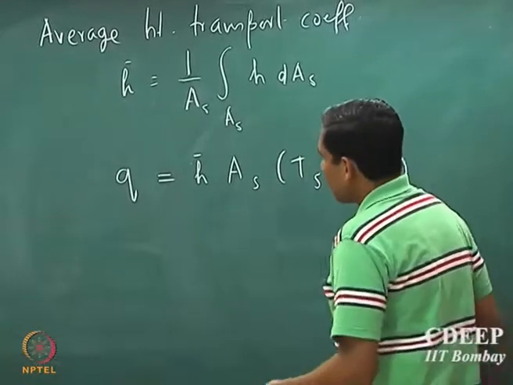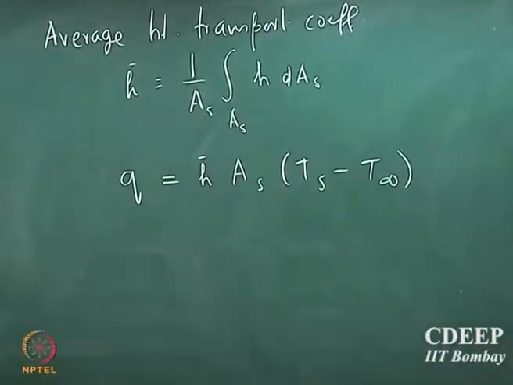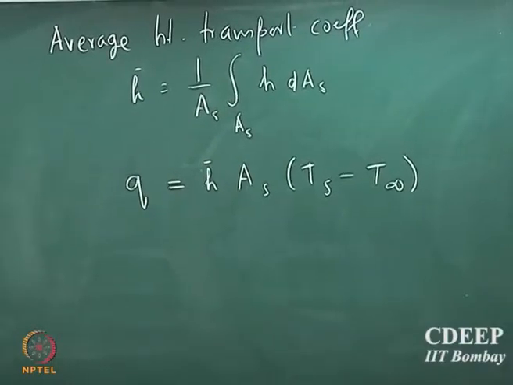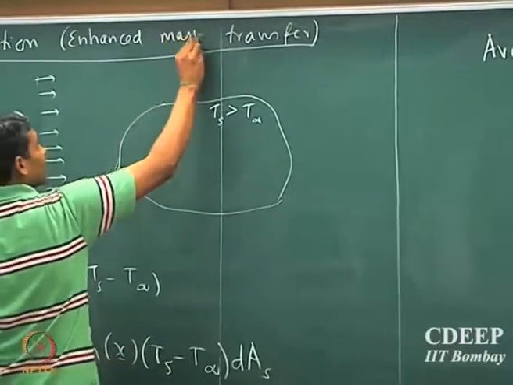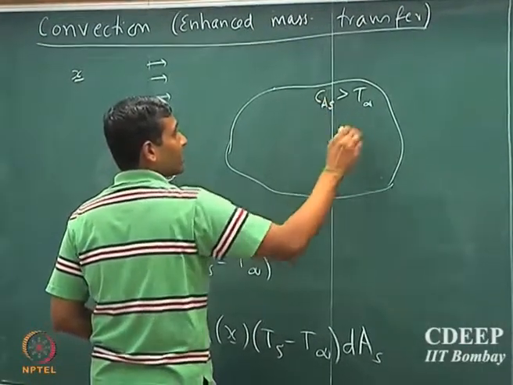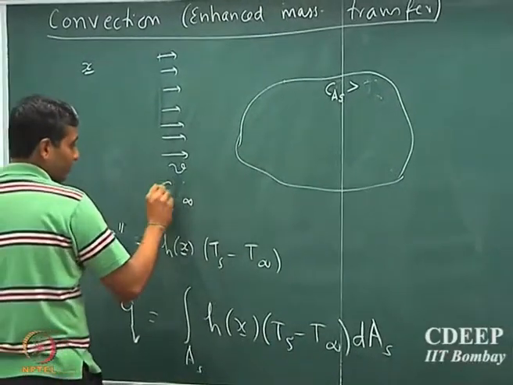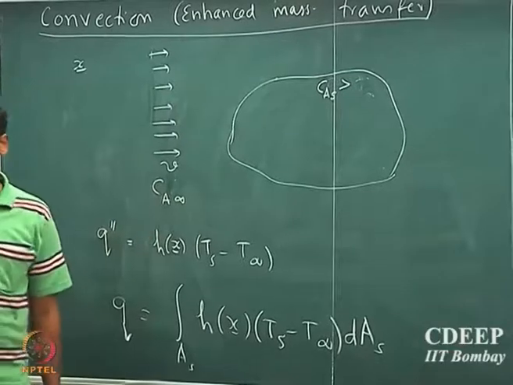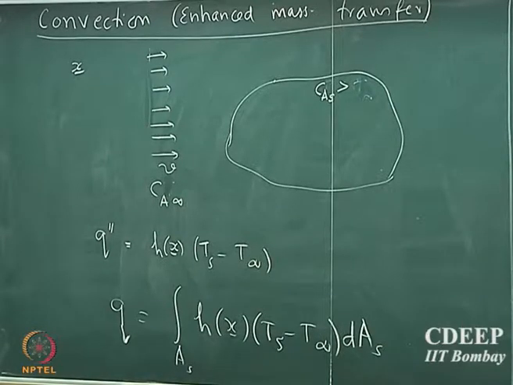Okay. Alright, so let's turn back to mass transport. A similar scenario in mass transport would be, if the concentration of some species is CAS and the bulk species concentration is CA infinity. The framework is slightly different in mass transport, although the process is exactly the same.